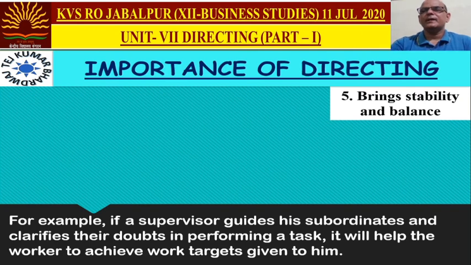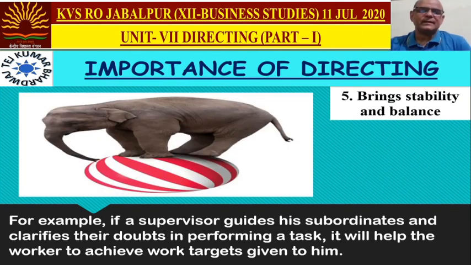Finally, it brings stability and balance. For example, a supervisor guides his subordinates. Obviously, it will bring stability and balance. When our tasks are being performed in an efficient manner, people are happy, people are motivated, they are achieving their tasks, they are getting more salaries, they are getting incentives in the form of monetary and non-monetary incentives and motivation.